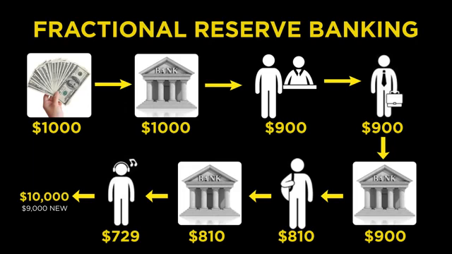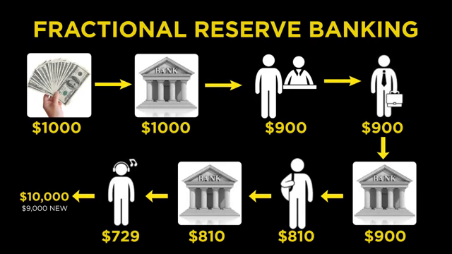But if you were paying close attention, you'd realize that what we've actually got here are three things. First, we've got $1,000 held in reserve by the bank, $10,000 in total in various bank accounts, and $9,000 of new debt. The original $1,000 is now entirely held in reserve by the bank, but every new dollar, all 9,000 of them, was loaned into existence and is backed by an equivalent amount of debt.